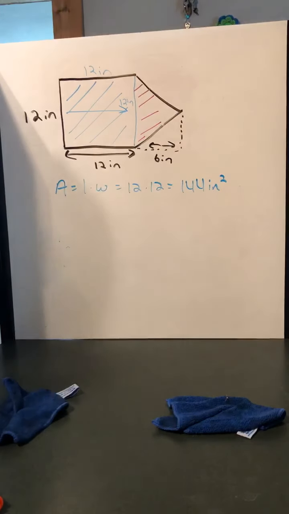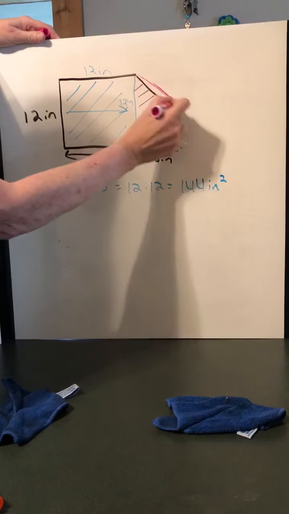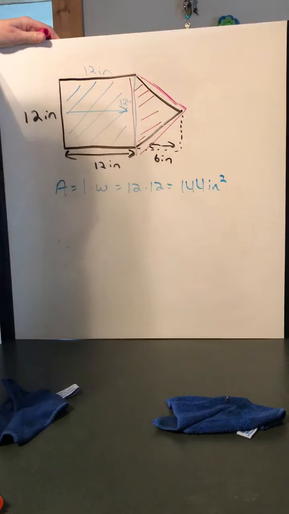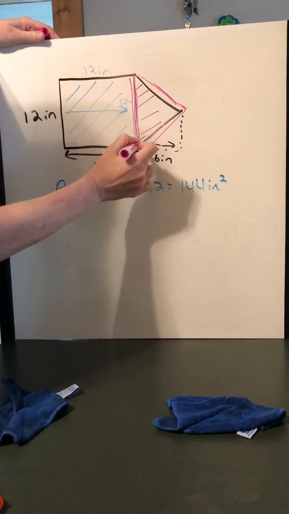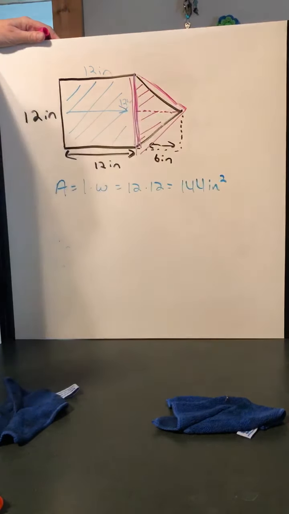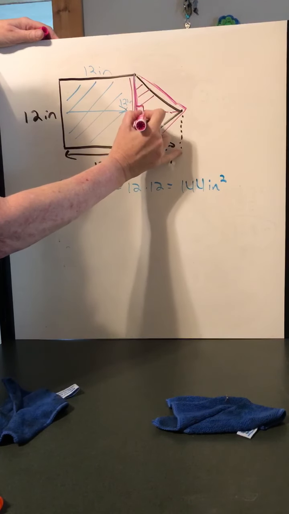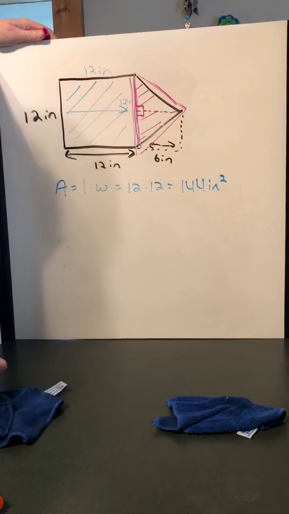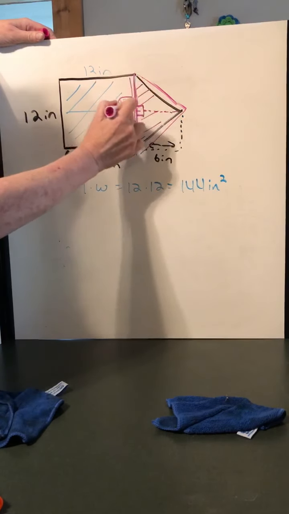Now, here's this triangle right here. I'm just going to show you around the edge of it so you can see it. There's my triangle. This is the base of the triangle. This part right here is the height. It's the line that is perpendicular to the base. Well, I know the base of this is already 12 inches.